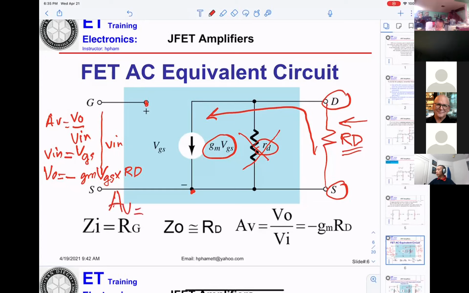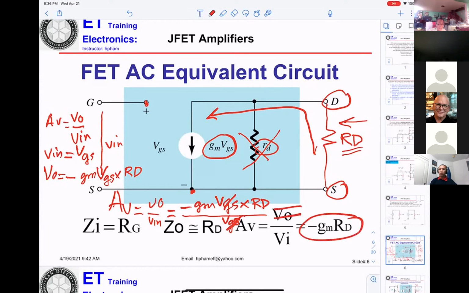Now, gain AV equals V out over V in. V out equals minus gm VGS times RD, divided by V in, which is VGS. So VGS cancels out. That's why you finally get minus gm times RD.